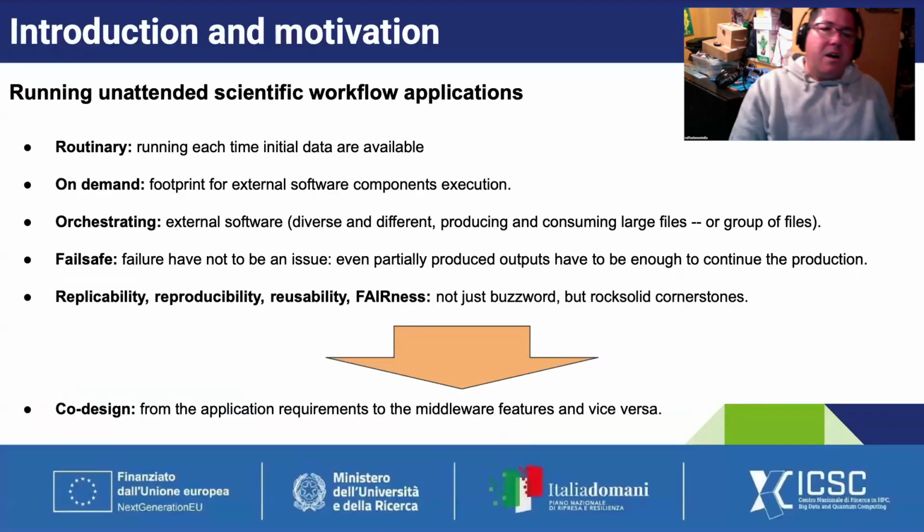First of all, what is the motivation for our effort? We have a really peculiar setup in our data center because we host two tier-level machines, three-level machines, one for scientific research and one for production. But production of what?